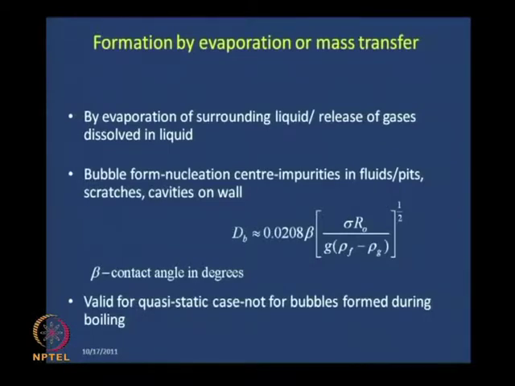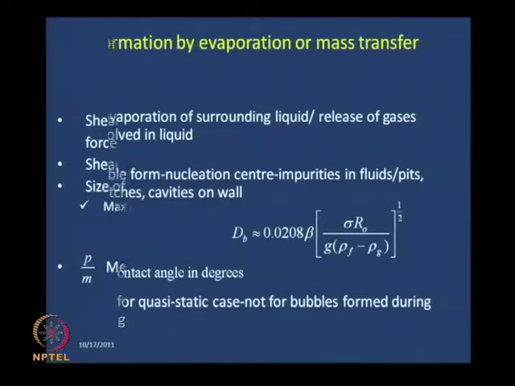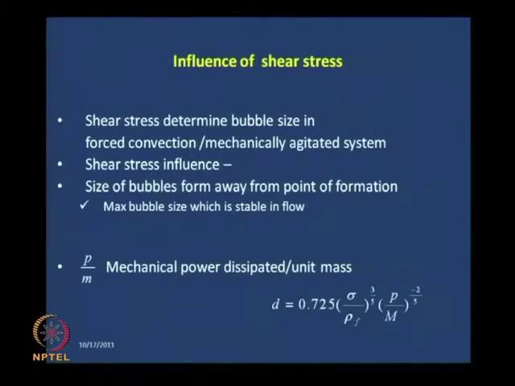Right. The other way in which bubbles can be formed is by the influence of shear stress, as I was telling, in forced convection or in mechanically agitated systems. Under such circumstances the shear stress influences the size of bubbles away from the point of formation.